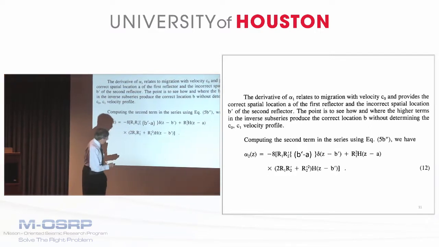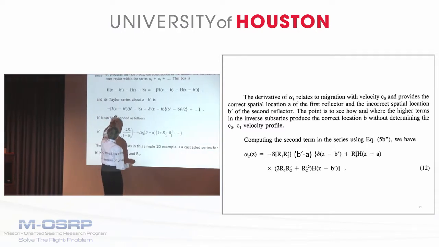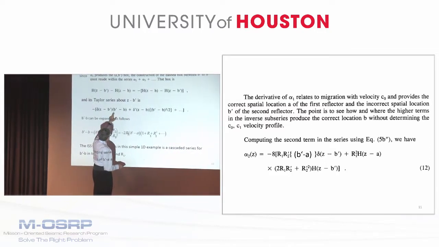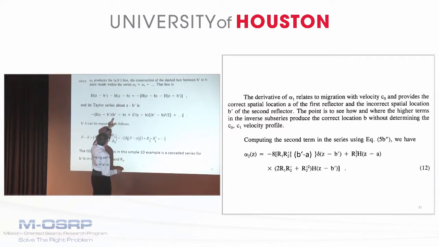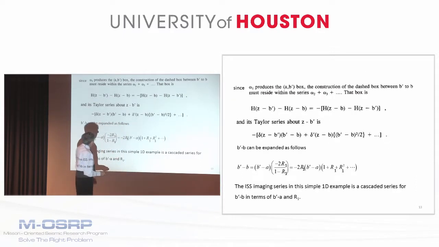So let's go back to that series. We imagine that the series is trying to make an expansion in terms of the difference between mislocation and actual location, higher terms, derivative of this, and so on. But this is not what we have.